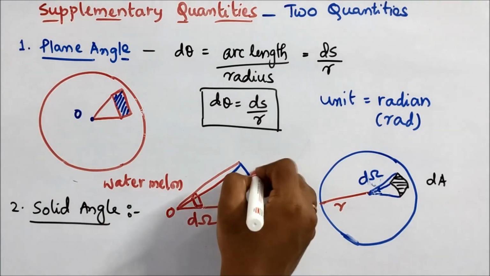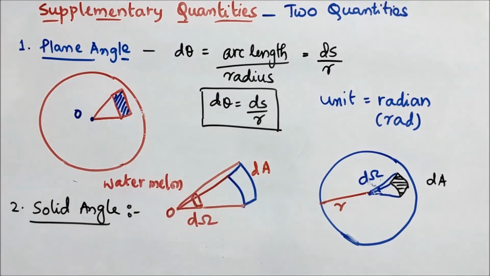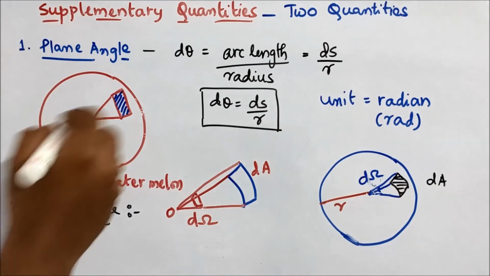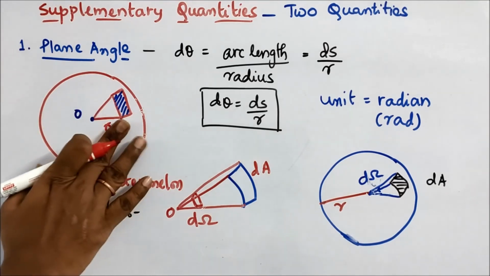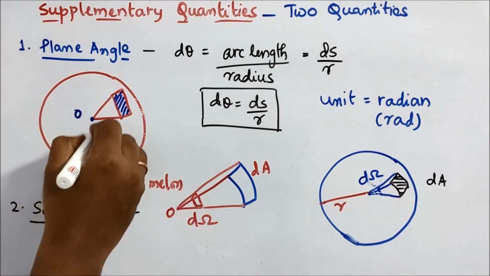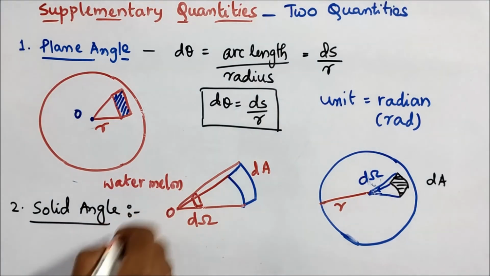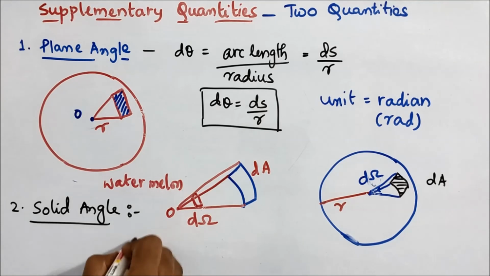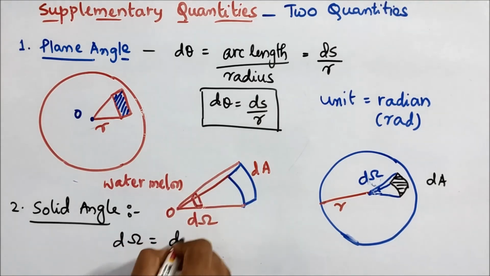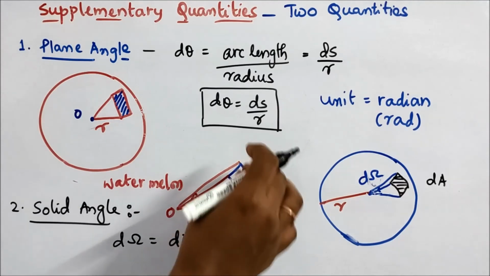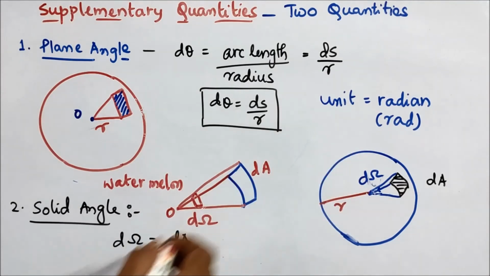So this surface area we have taken as dA, and the radius of the sphere is taken as r. Solid angle is defined as d omega equal to the ratio of the surface area dA, which is subtending the angle at the center, by r square.